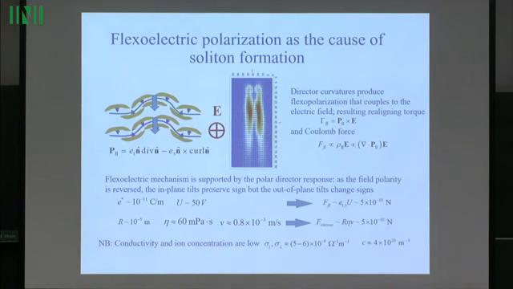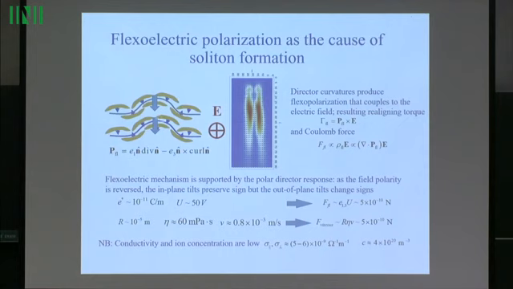So whenever you have distortions of the director field, besides the typical dielectric and conductivity coupling to the applied field, you also have the so-called flexoelectricity. If you have molecules with dipoles and you curve the director field, then the probability of the dipole to be oriented one way or the other would be different from 50-50.